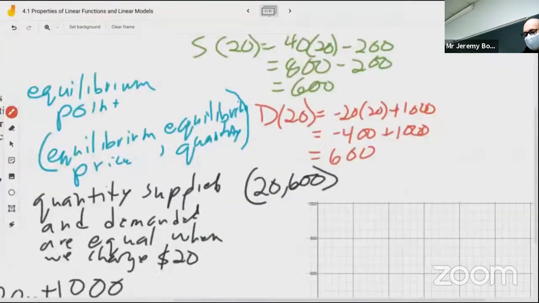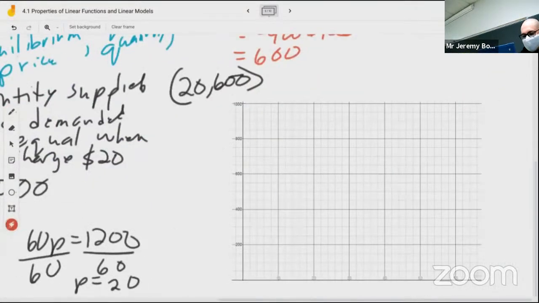So if I go look here, P is 20 right here, Q is 600 right here. So I know I'm going to have a shared point right here. So that's the one thing I know so far.